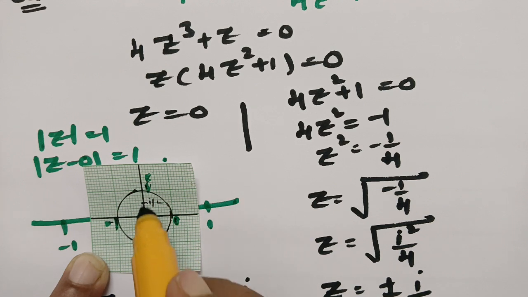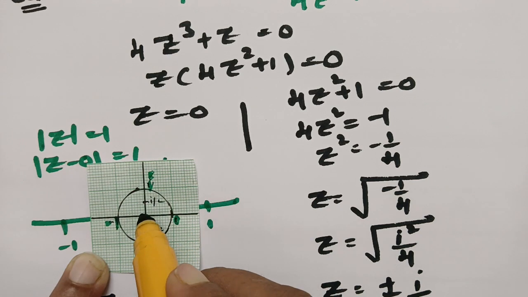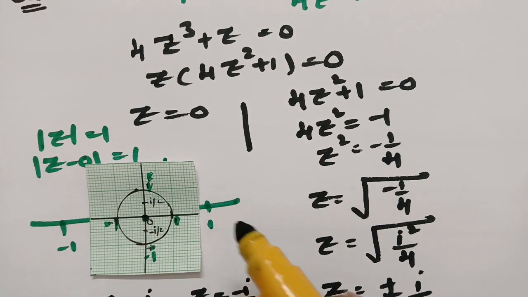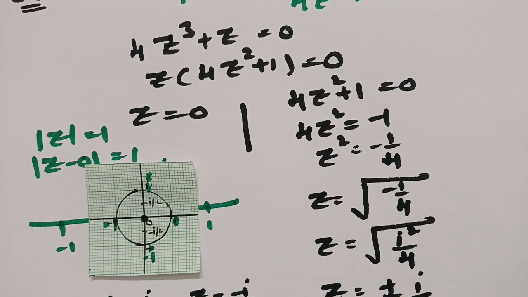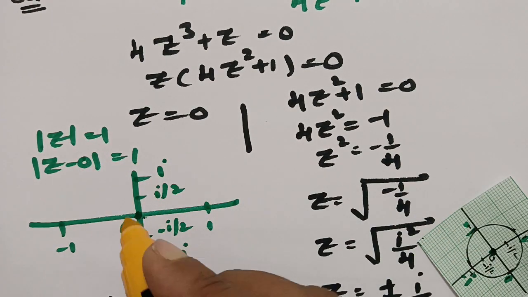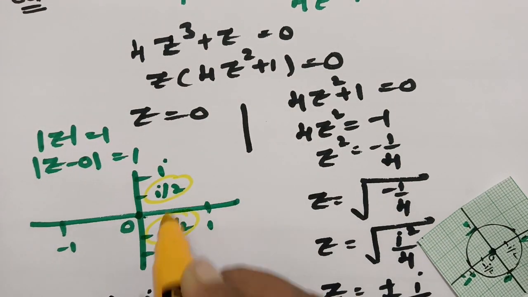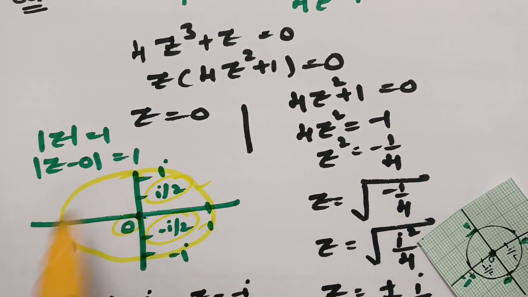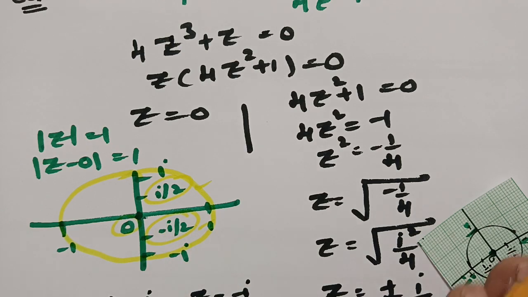This is a circle with center 0 and radius 1. In between, there is 0, +i/2 and -i/2. Therefore all the poles, that is 0, +i/2, -i/2, are within the circle. So among this circle, three poles are there.